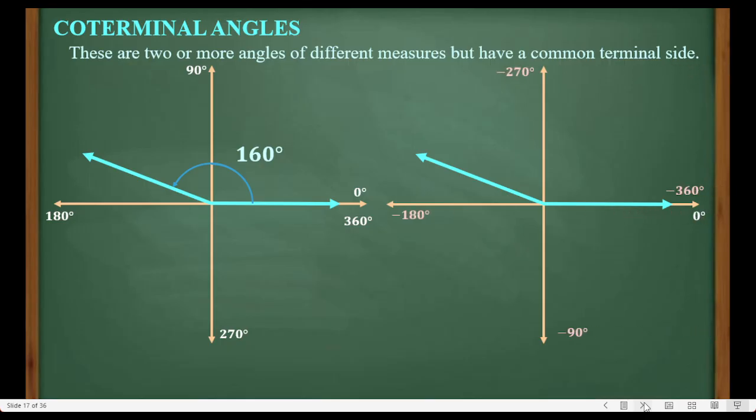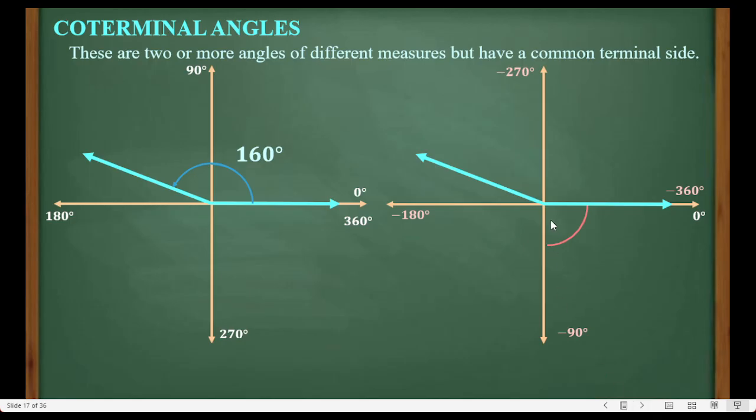But when it comes to this second figure, let's just say we're going to generate the same angle, but the way this angle is generated is different from the first figure. So it's like this, in a clockwise manner.